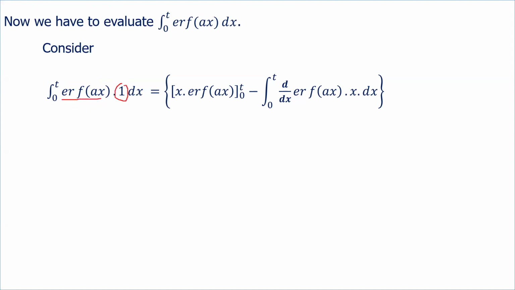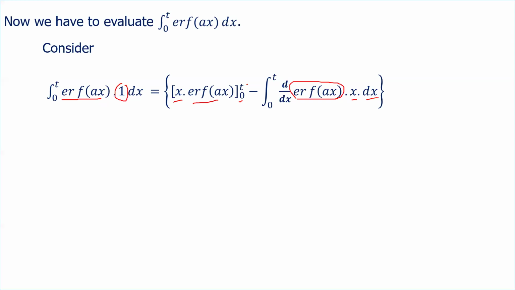So the integration of 1 is x, into first function, error function of ax, under the limit 0 to t, minus the derivative of the first function, error function of ax, into the integration of 1, which is x, and whole integration.